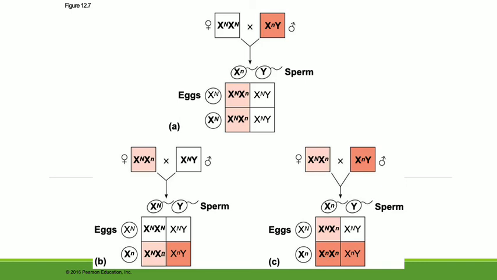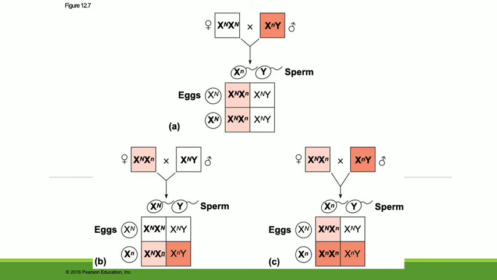The eggs will all have X chromosomes that carry the dominant allele for N, because that's the only thing that's possible in the eggs. When you cross it, let's see what we got. Here we got a female, because XX makes a female, biologically speaking, a heterozygous female.